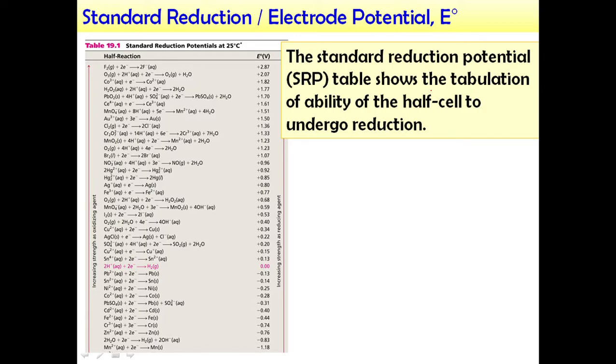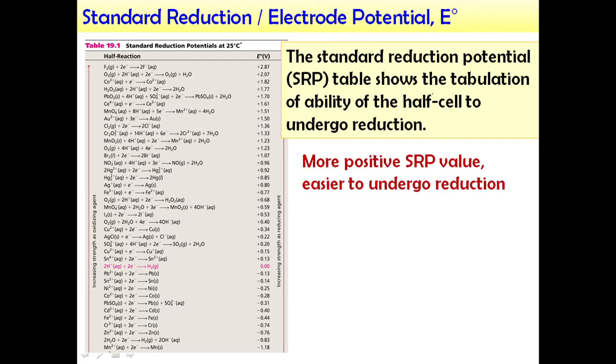It shows the ability of the half cell to undergo reduction. Okay, kenapa? Sebab lagi positif nilai SRP value, lagi senang undergo reduction. So kalau kita tengok table ini, kita boleh kenal pasti this half cell paling senang undergo reduction, makin lama makin berkurang ability tersebut.